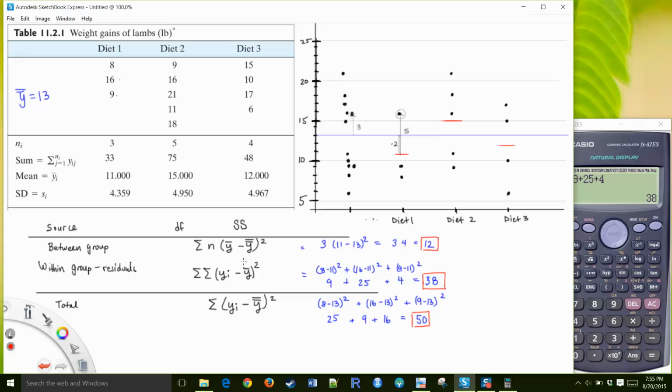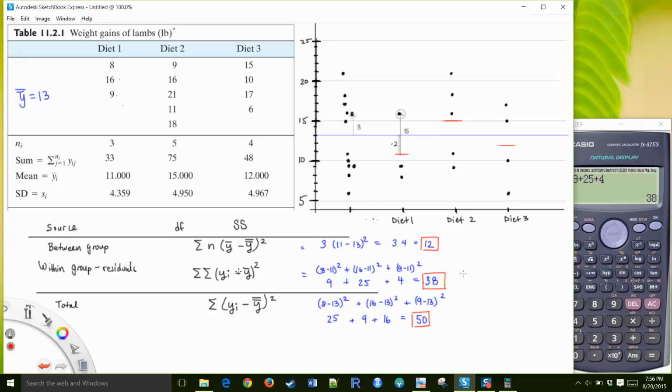Maybe, maybe not. Here, let me save this page, and let me remember the formula for variance. Sum of y minus y bar squared. That's basically what this is.